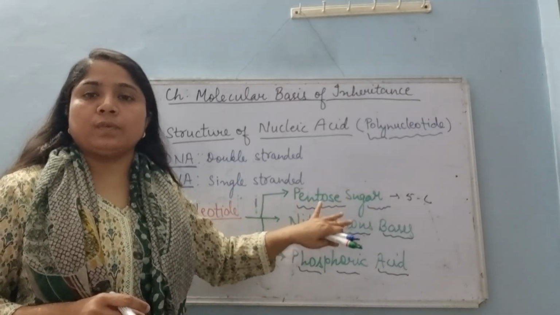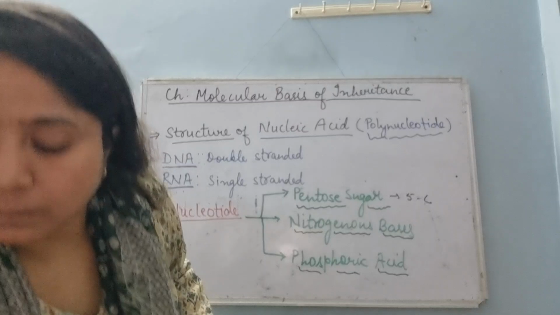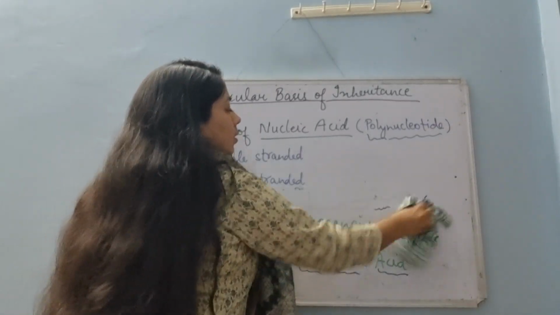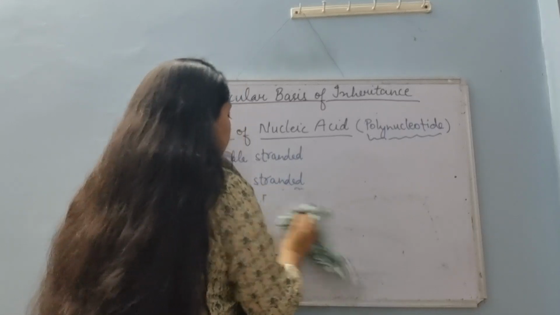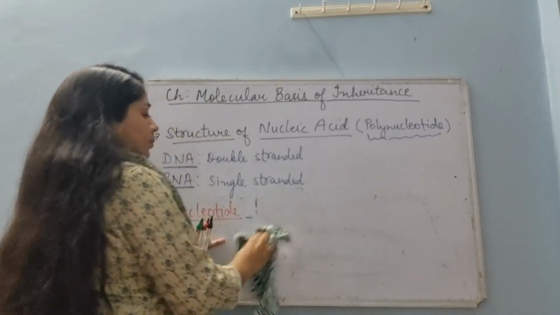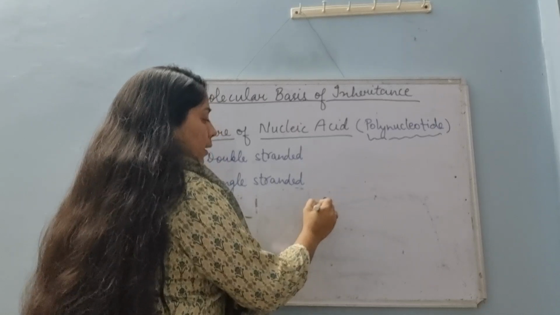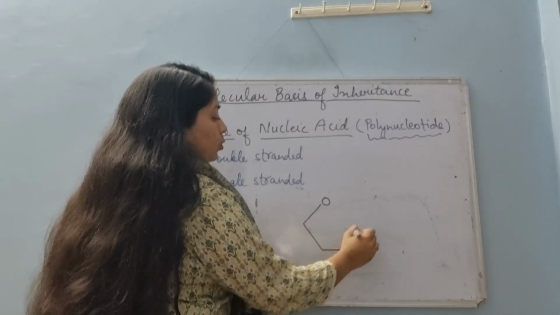We will see the structure of sugar in detail. Pentose sugar, 5 carbon sugar. Pentose sugar is of 2 types.